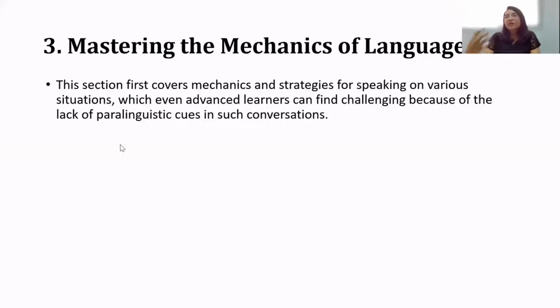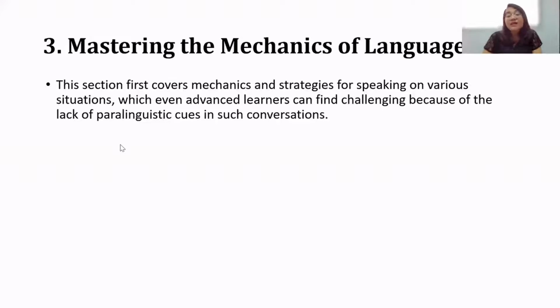So if you think that you are not yet an advanced learner of English, you don't need to worry. Do not believe that the problems in communication are only for your level, maybe intermediate or beginner level of English.